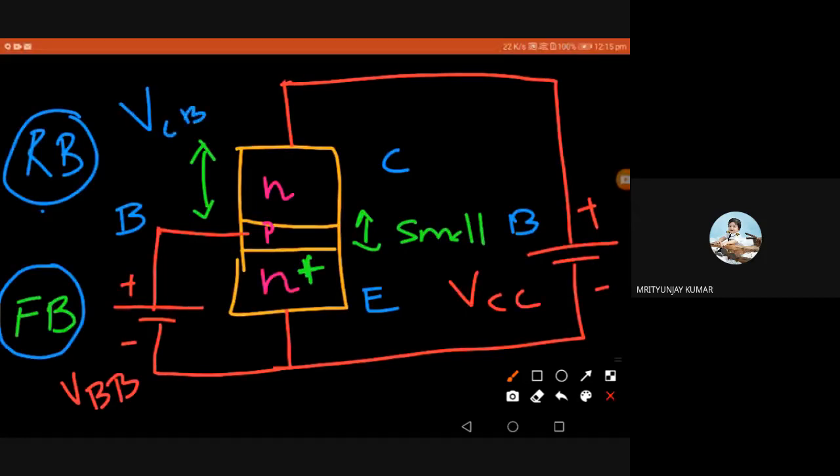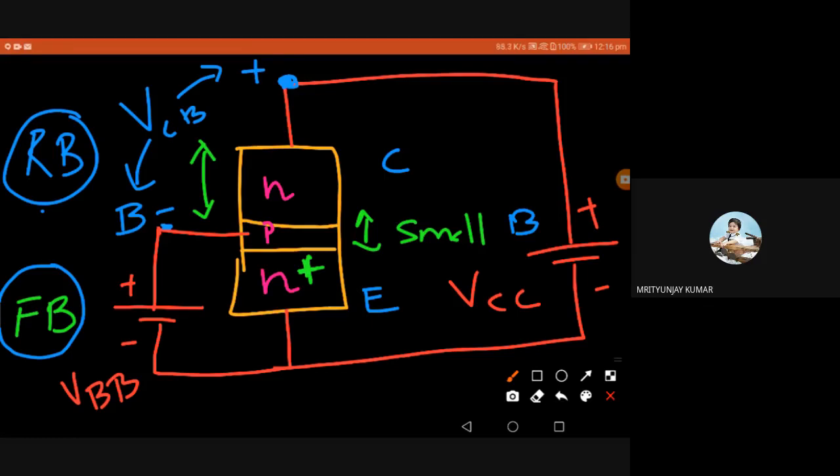You can see that in VCB, this will be plus and this will be minus. So we can see the collector voltage will still be at a higher potential than the base voltage. That is why it is still keeping the collector base junction reverse biased. You have to understand that. We are keeping this node voltage a bit higher so that the collector base junction is still reverse biased. I think this is simple.